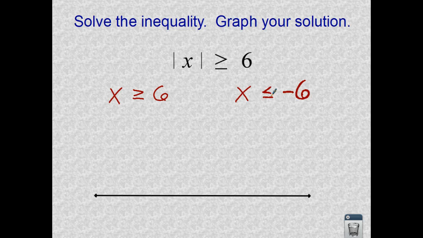Okay, and if we were to graph these two inequalities, my numbers in question, I have negative 6, I have positive 6, and if you would like, we can put the center point being 0.